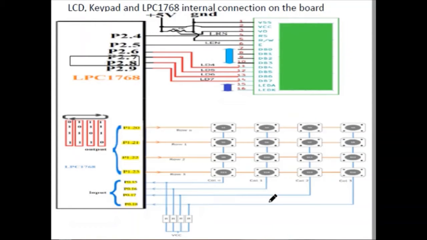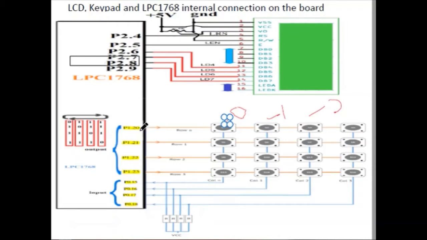Now if you take the details of the keypad, LCD and our LPC1768, how they are internally connected. So this is already the LCD unit, we know how it is connected. And now if you take the keypad, it has got the keys. So this key is 0, this is 1, this is 2, 3, 4, 5, 6, 7, 8, 9, A, B, C, D, E, F. And as you can see, all the rows are connected as the output.